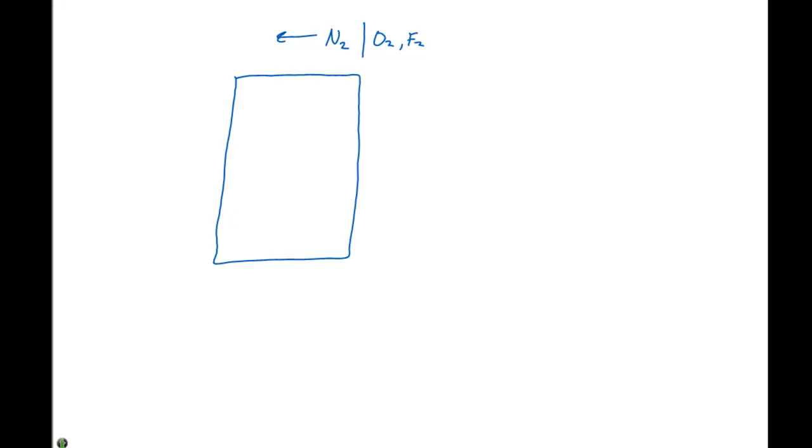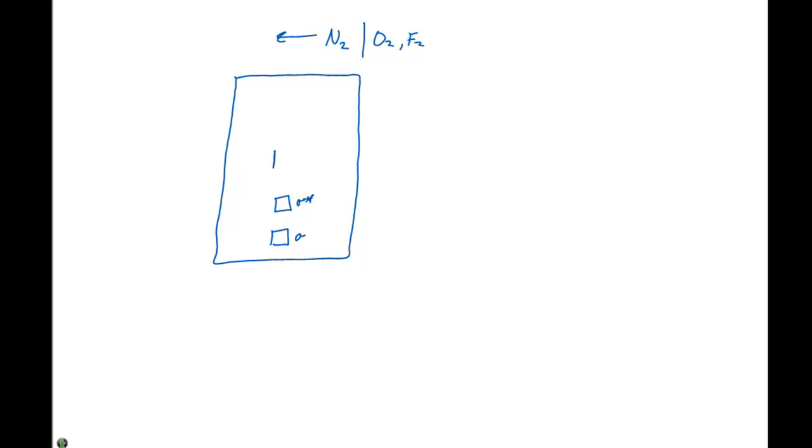So for O2 and F2, versus nitrogen and everything to the left, we're going to see a difference in the molecular orbital diagram. Looking at the center energies of our molecular orbital diagram, just the molecular orbitals, we're going to have the sigma and the sigma star.